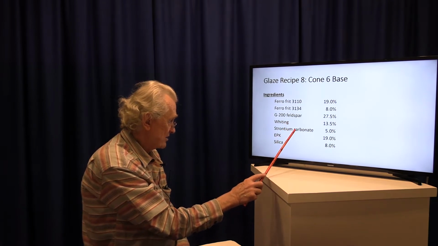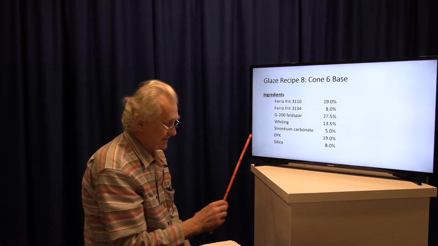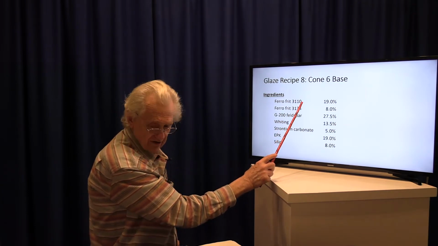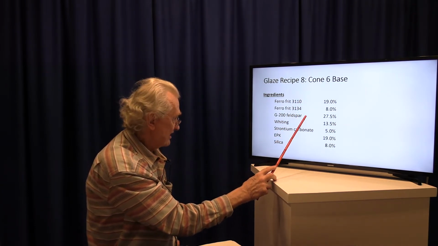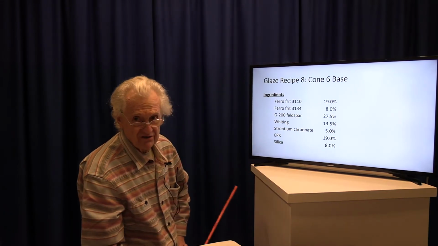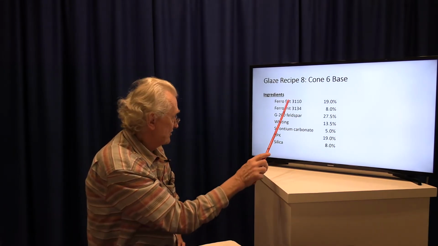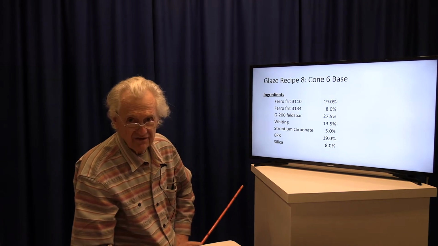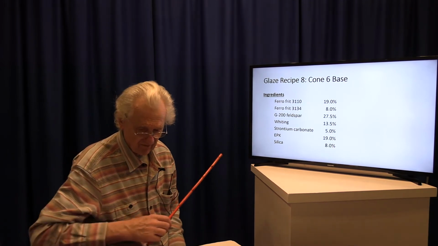Whiting, strontium carbonate, EPK, and silica. And again, I've got a lot of 3110, and I've got a lot of potassium now in the feldspar. So again, this glaze is very likely going to craze because of the sodium there and a lot of the potassium here. There's a really strong chance it's going to craze, and in fact, it does.